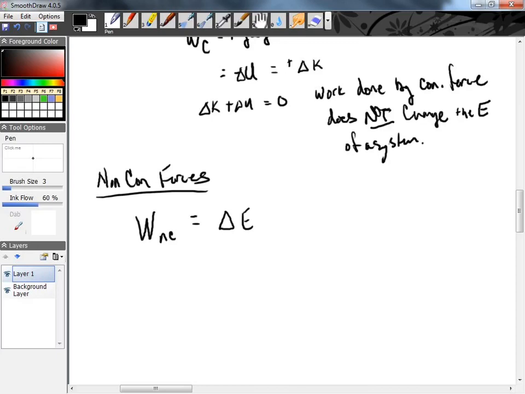If your non-conservative force does negative work on the system, the total mechanical energy will decrease. If your non-conservative force does positive work, your total mechanical energy will increase. You can start with this for any energy problem that you're going to have. So this works every time.